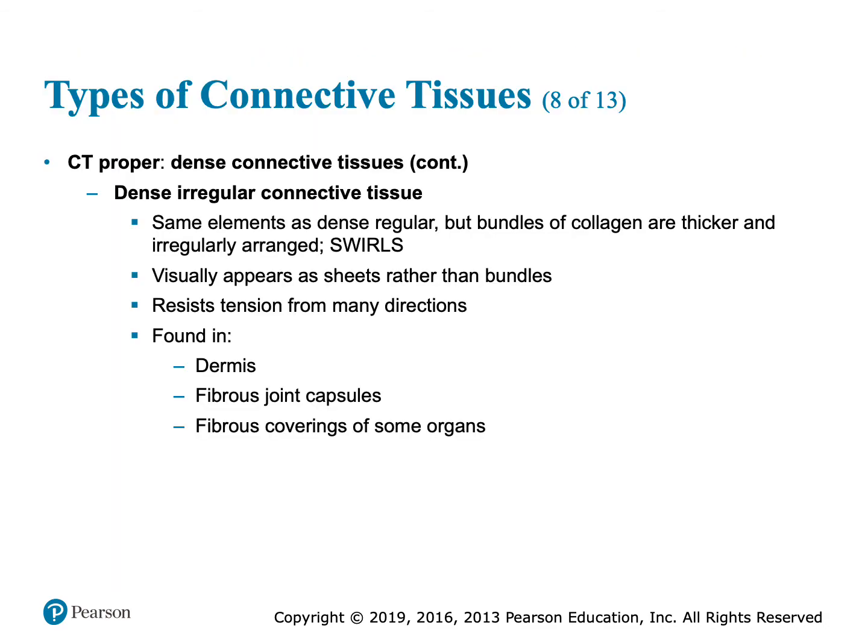Dense irregular. Lots of collagen still, but instead of being in the lasagna noodle waves, it's going to be in swirly whirlies. Very pretty. This guy can resist tension in lots of directions, not just one direction. So let me go back to that dense regular. I said it has strong tensile strength in one direction.